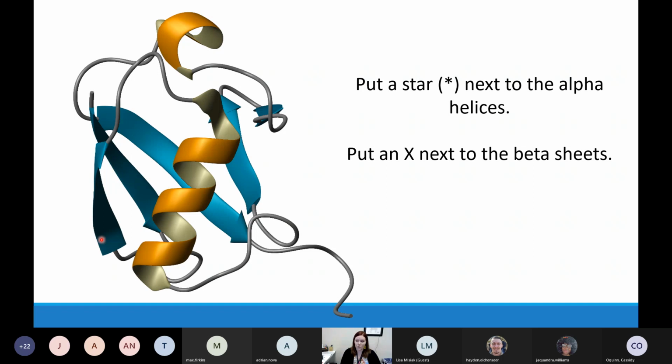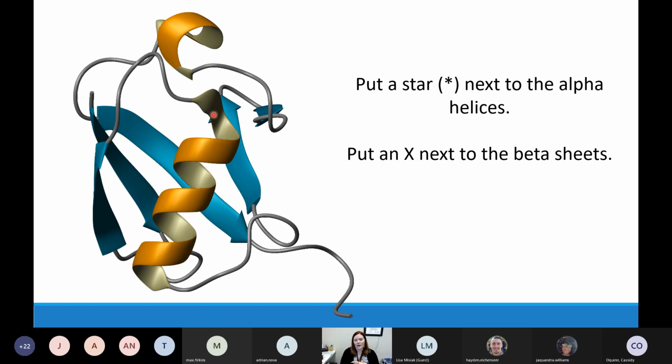I do want to point out, when we look at this protein, you can see some places that are still gray. So notice these gray things that we see here. The gray that we're seeing here is areas where I don't have secondary structure. So not all parts of the protein are going to be an alpha helix or a beta sheet. Some of them are just going to be flat. They're just going to be a line. That's okay. That's the way that the protein works.